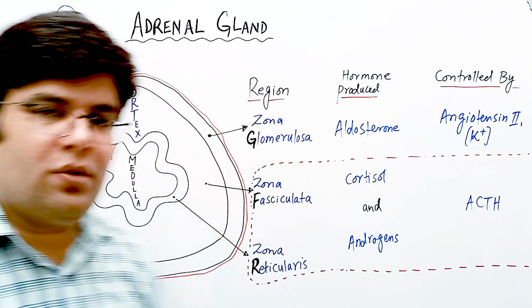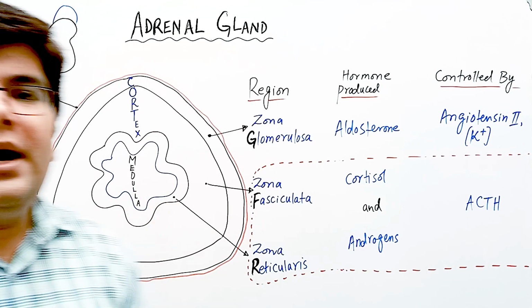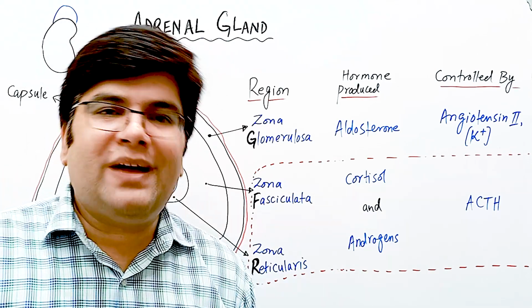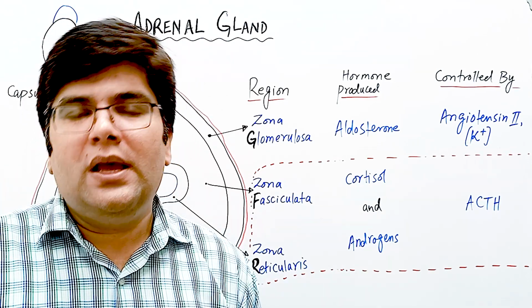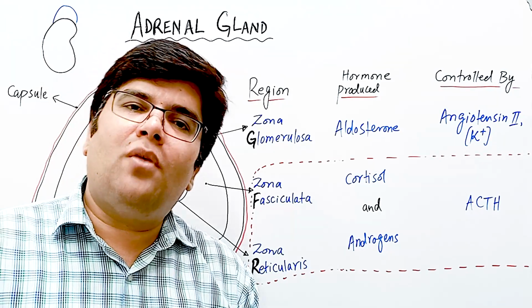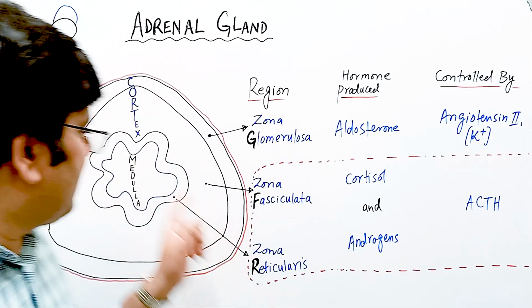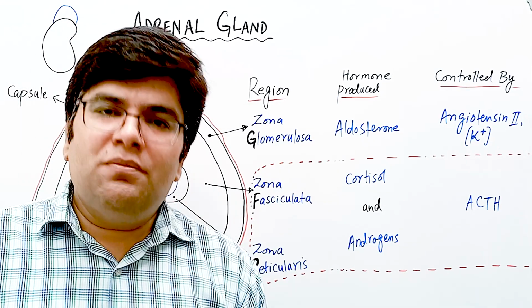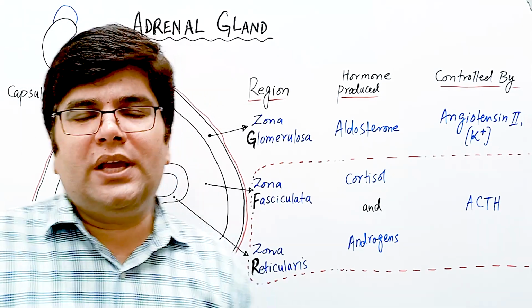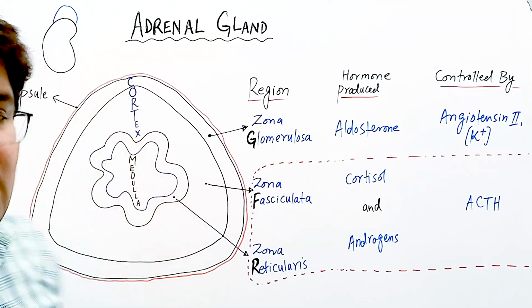The catecholamine hormones produced from adrenal medulla are released in response to stimulation by the sympathetic system, and these catecholamines perform all the functions which are performed by the sympathetic system. We will study adrenal medulla and its functions later on. The main emphasis of today's session is the hormones which are produced from the adrenal cortex.